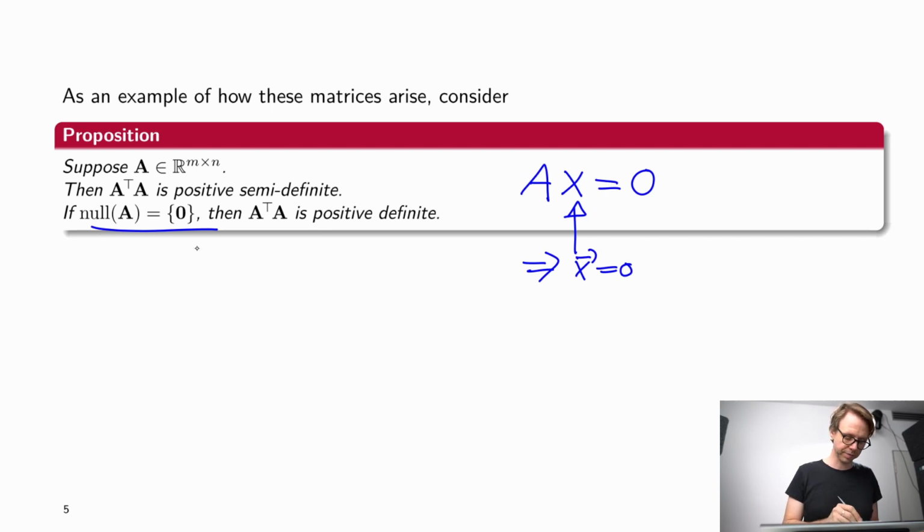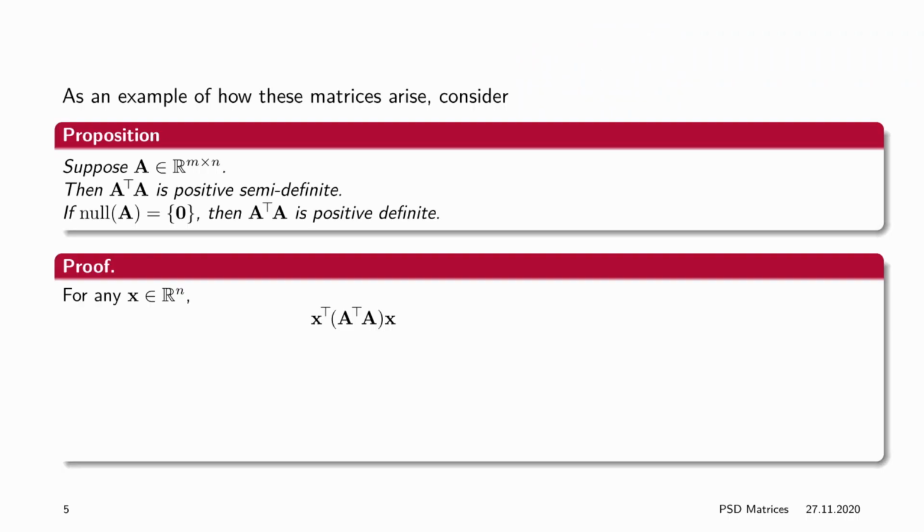So what does this mean? This means that the null space of A is the set of all x with Ax equals 0. So let's prove this proposition. For any x, you have to show that x transpose times A transpose A x is larger or equal to 0.